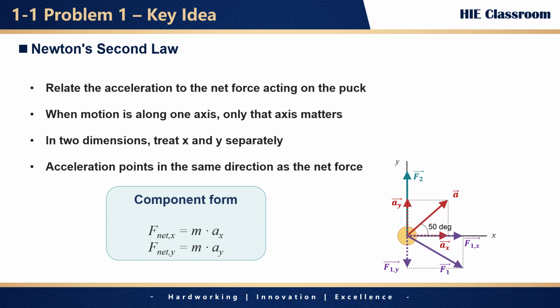When motion is along just one axis, only that direction matters. But in a two-dimensional problem, we need to treat the x and y directions separately. Finally, remember that the acceleration always points in the same direction as the net force.